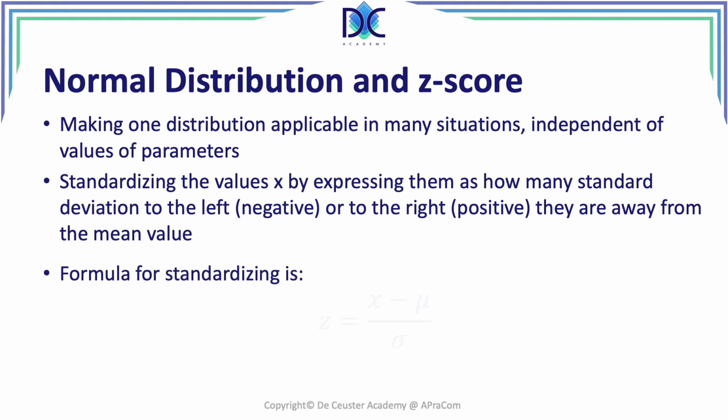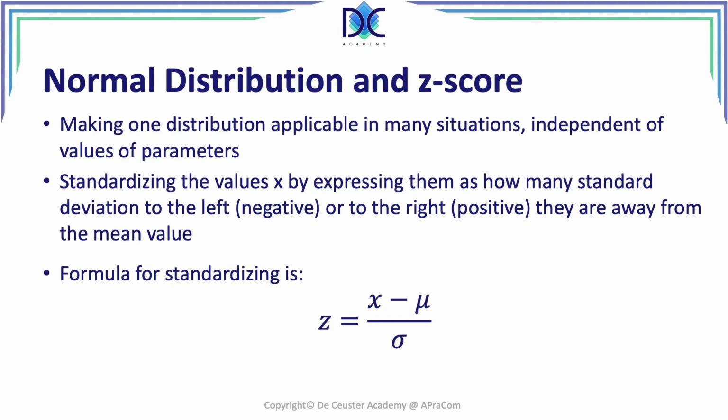Now, when we look at the formula for standardizing, we say that the z value is equal to the x value, the value I'm evaluating, minus the average, divided by the standard deviation. Basically, we are transforming the normal distribution into a normal distribution with an average equal to 0 and a standard deviation equal to 1.